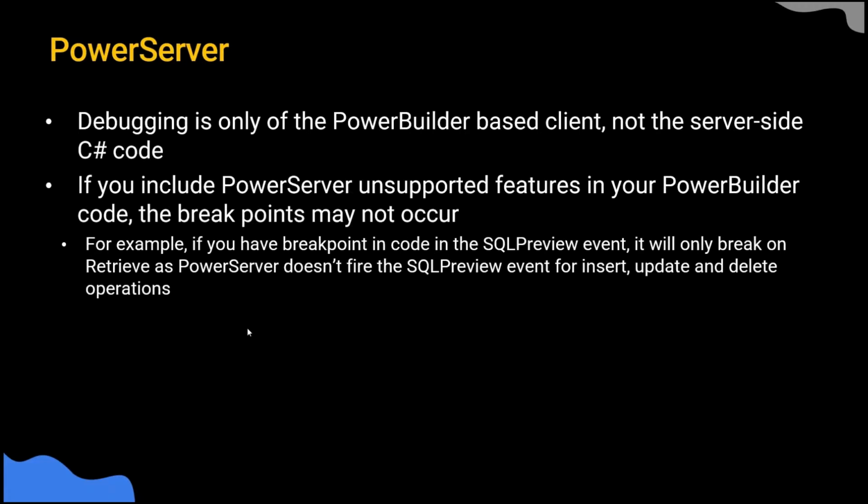When you run PowerServer, there are some unsupported features. It's not a huge number. And depending on if you have the unsupported features in your code, you may find that the breakpoints don't actually occur when you're debugging.